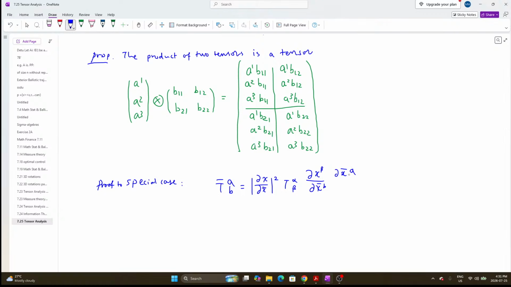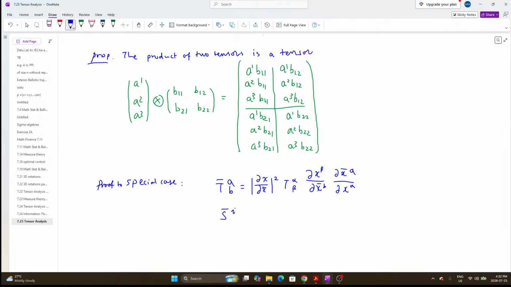You can think of T as a 2D array, and then you have S, which is a 1D array.